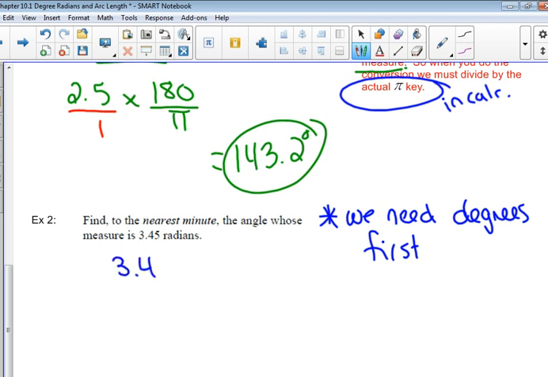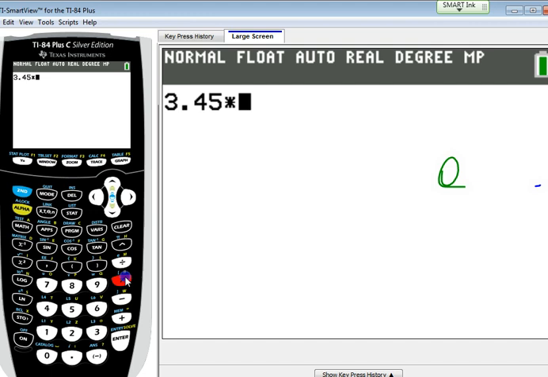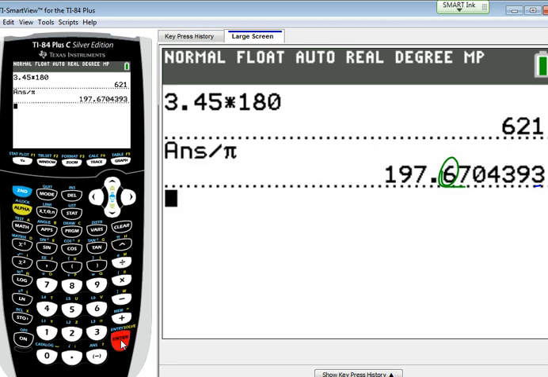So we're going to take 3.45 times 180 over pi. We don't have the pi's to cancel, so we're going to use our pi key. 3.45 times 180, which is 621, divided by pi. Alright, now this is it in degrees, right?